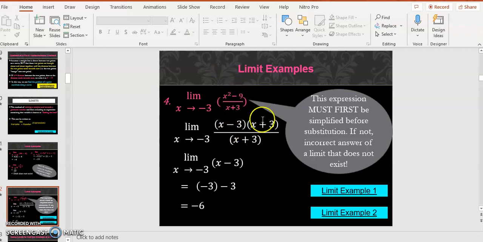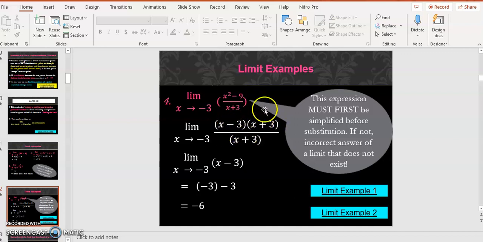Try and factorize this and simplify it before you substitute x as negative 3. So if you have this x squared minus 9, this is difference of 2 squares. We know that this is x squared minus 3 squared. So this is going to give us x minus 3, x plus 3.